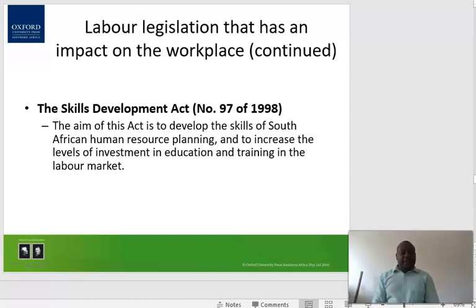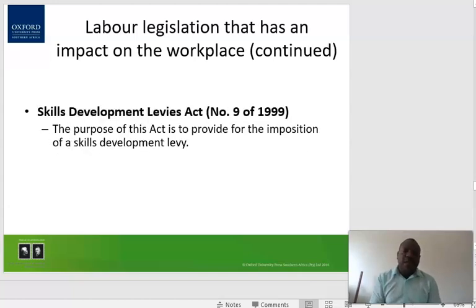Skills Development Act. In terms of this act, the main aim is to develop the skills of the South African human resource and to increase the levels of investment in education and training in the labor market. We also have the Skills Development Levies Act with a purpose to provide for the imposition of a skills development levy.